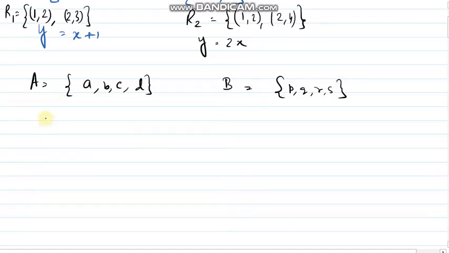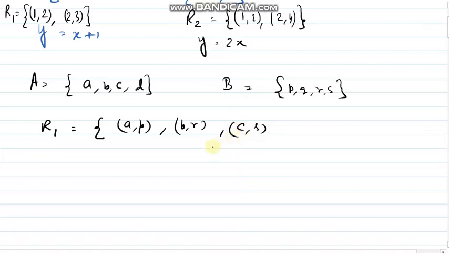So let's discuss if this is a relation or not. R1, the relation I am saying, R1 contains these ordered pairs: (a, p), (b, r) and (c, s). Right? And R2 contains (q, b), maybe (c, s) and (d, r).